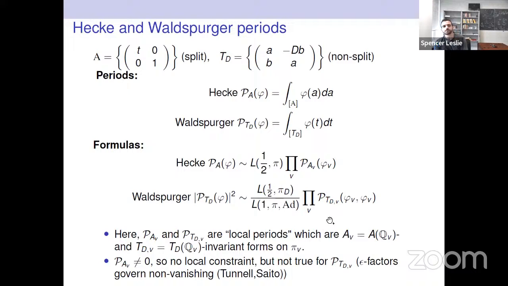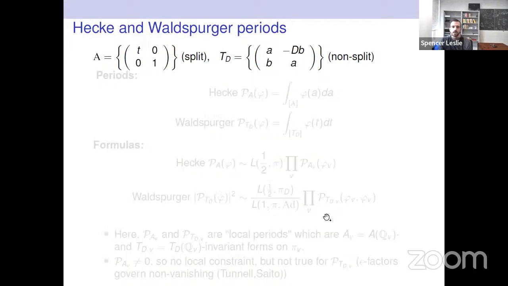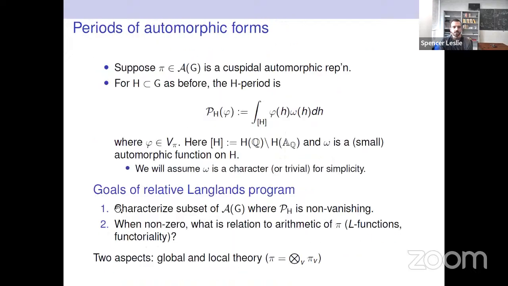Okay, so that rounds out the cases of these GL2 classical periods. And so moving towards the more general framework of the Relative Langlands program, we're trying to understand this first question, namely how to characterize the set of automorphic representations which are non-vanishing.